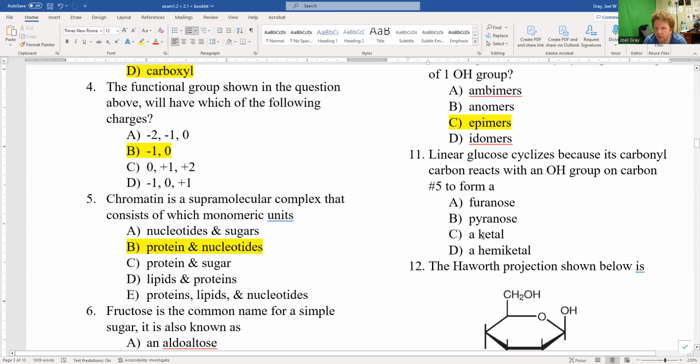A hemiketal is what a ketose forms. Now, this is carbon number 5, and so that means that we have a 6-membered ring.